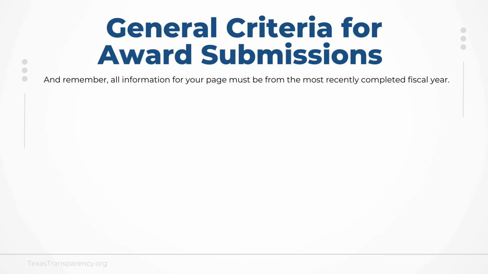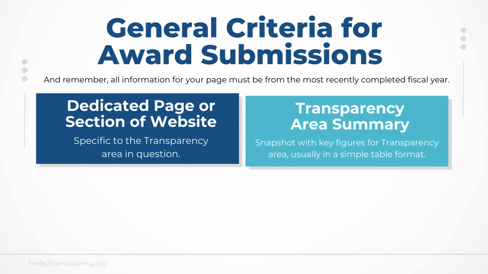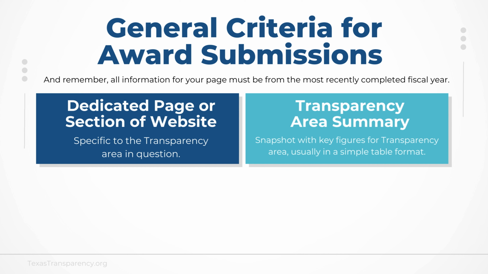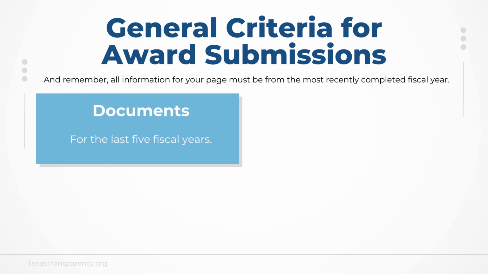The Public Pension Star requires 6 areas of evaluation: a dedicated web page specific to the award; a narrative summary of the key data and information. This is usually done in table format, though a mixture of text and visuals is acceptable. At least 2 graphic illustrations of key information, which should be interactive and clearly labeled. Any pertinent documentation for the award category, including audits, reports, bond election information, bids, and contracts for a period of the last 5 years.